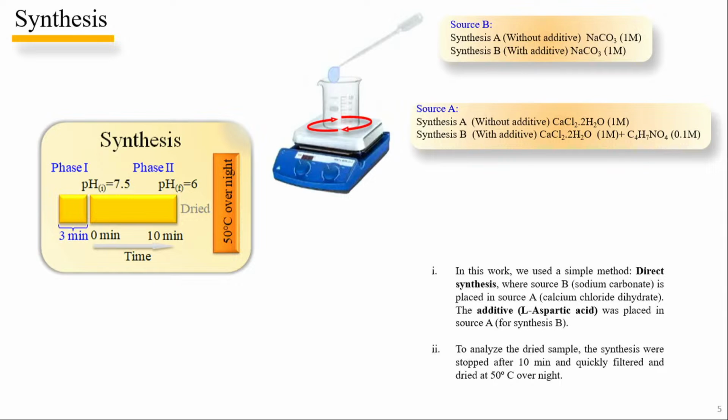The additive aspartic acid was placed in source A, only for synthesis B. To analyze the dried sample, the syntheses were stopped after 10 minutes and quickly filtered and dried at 50 degrees centigrade overnight.